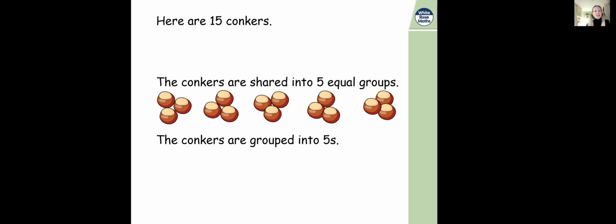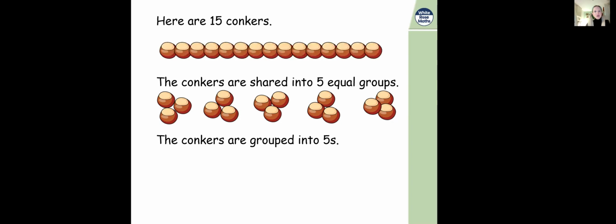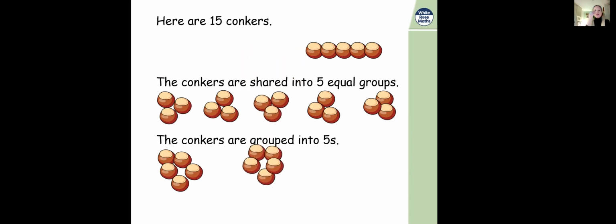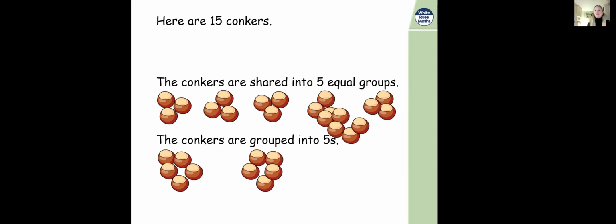What about groupings? How did you get on grouping your conkers into 5s? There's your first group of 5 conkers. There's your second group, 5 in that group as well. And there's your third group, and third and final. 5 is in that group too.